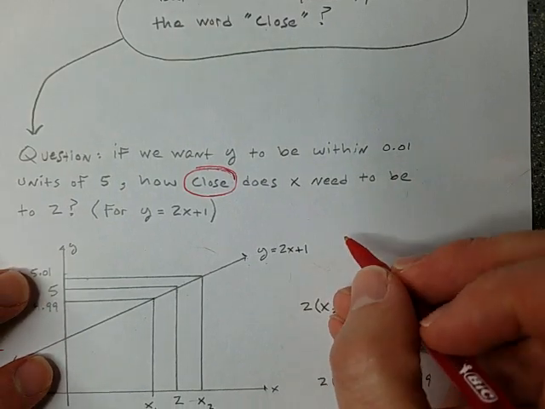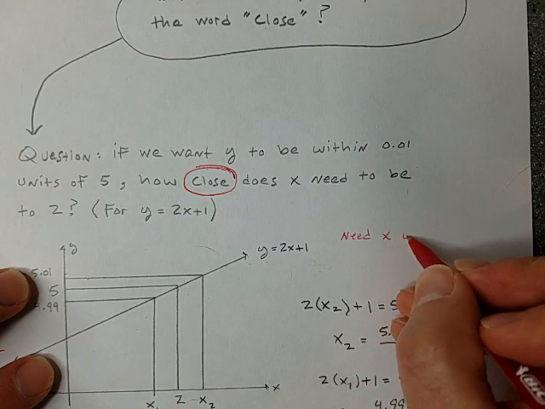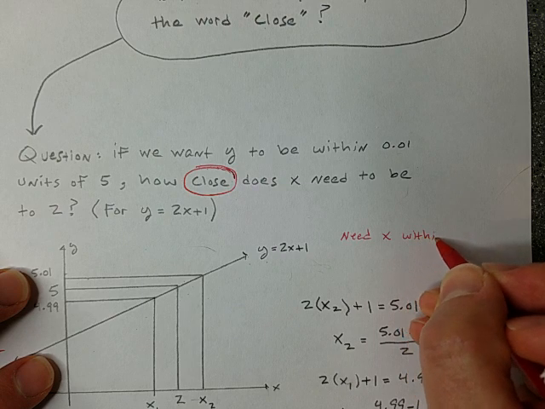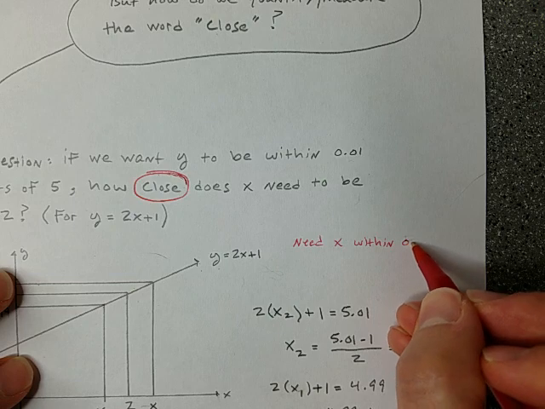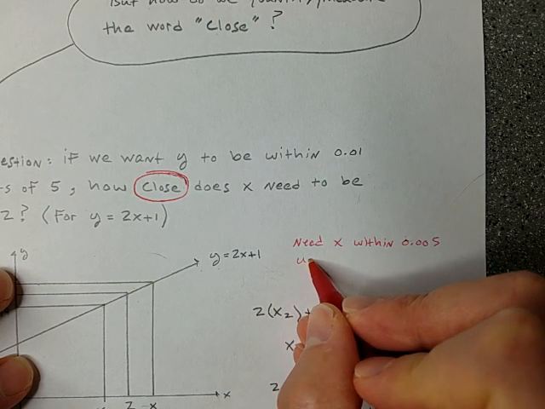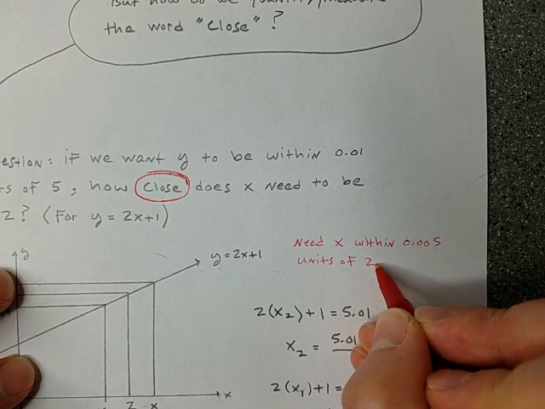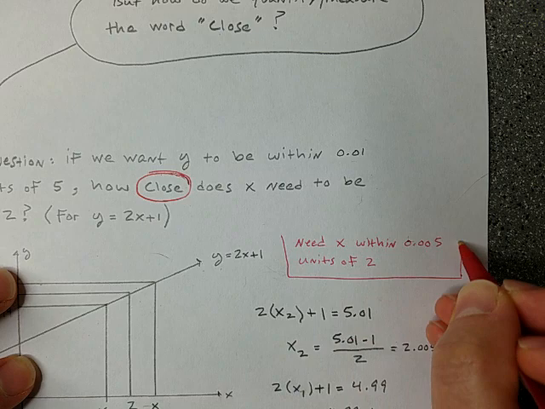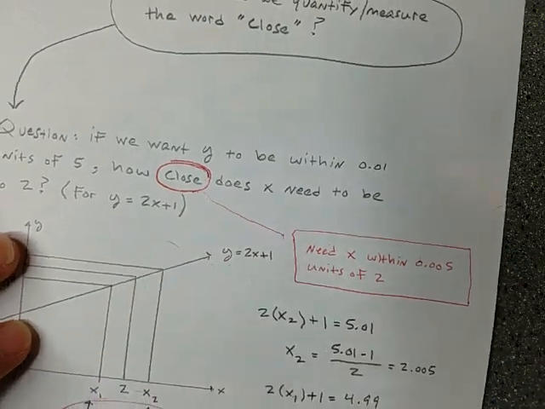We need x within 0.005 units of 2. All right, there's my answer to how close the x needs to be to 2.